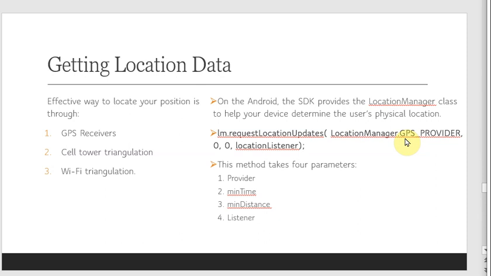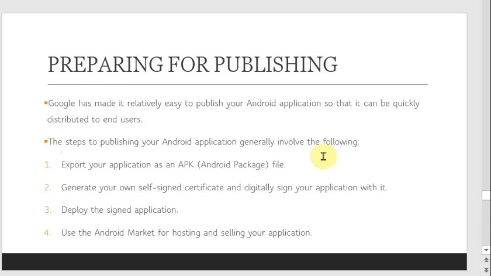This is an object whose on location change method will be called for every location update. When you move from one location to another, the update should happen and the location should change. For that purpose, the on location change method will be invoked. So these are the different things related to getting the location.